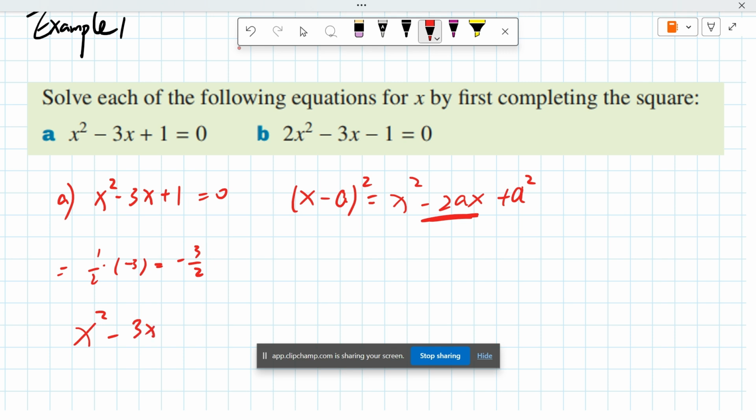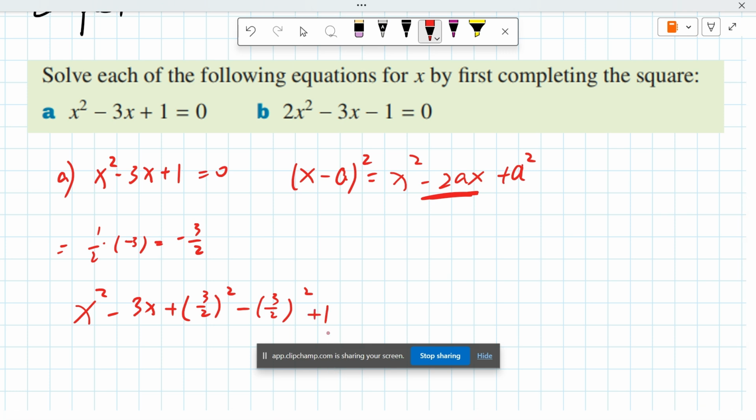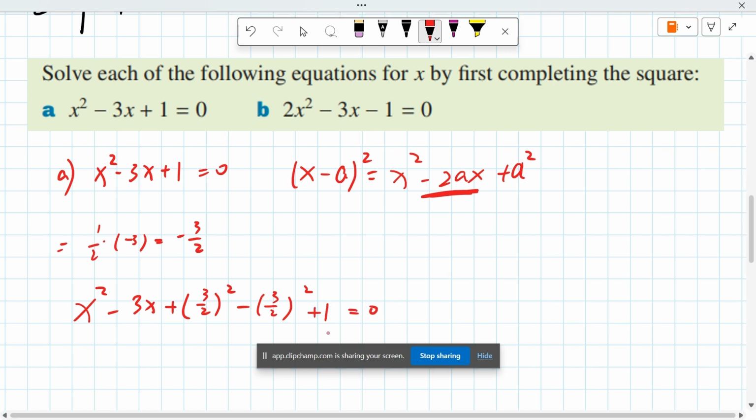Because you already have 2 times something x equal to 3x, so that's what we need as a: a equal to 3 over 2, squared. And once you add the 3 over 2 squared, you have to minus 3 over 2 squared, because you can't just add all of a sudden, and then you plus 1 in the end equal to 0.